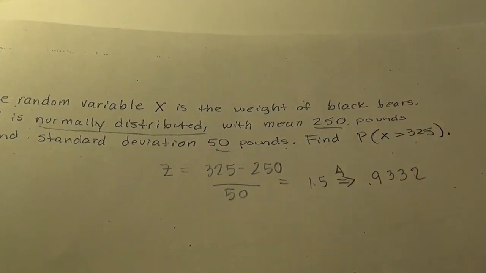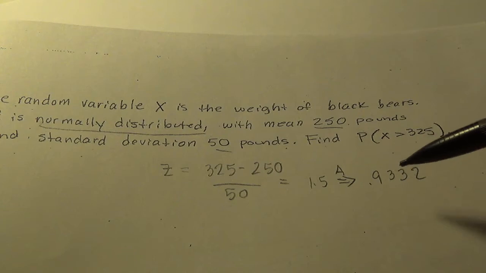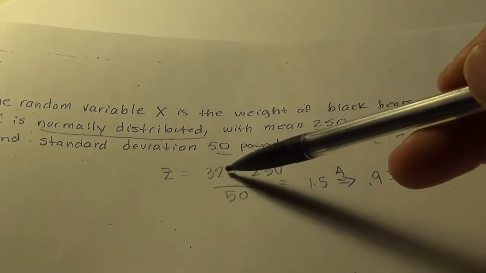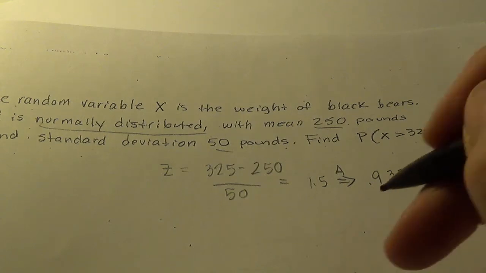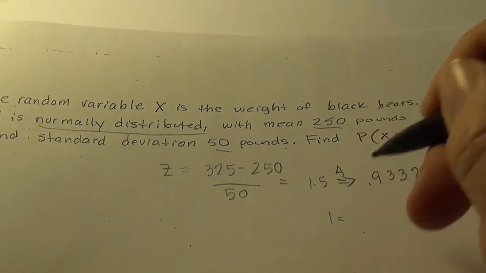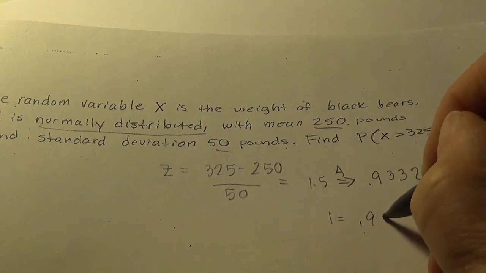And get 0.9332. As we discussed earlier, chart A always gives us less than or equal to the value of interest, and we want greater than. So we have to do 1 minus to get the complement of that.